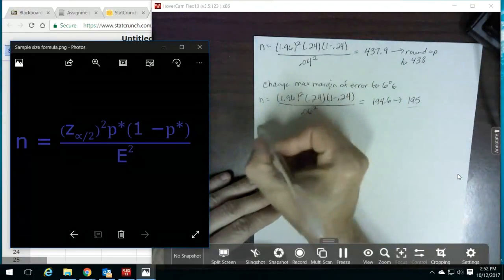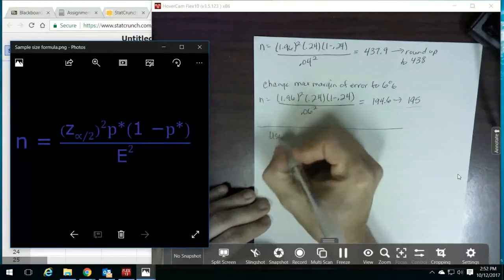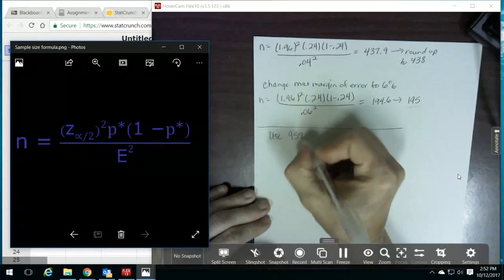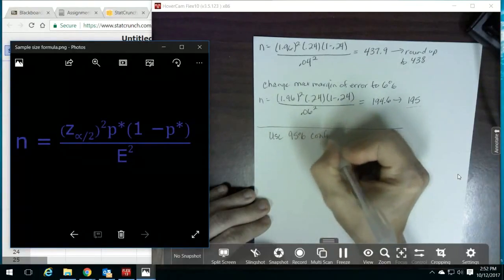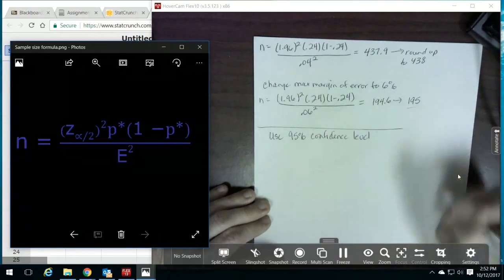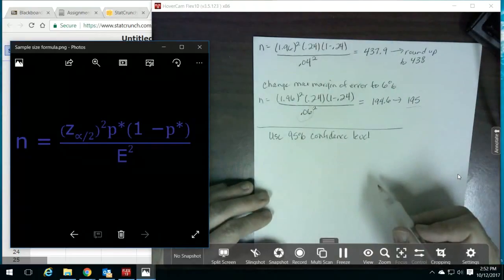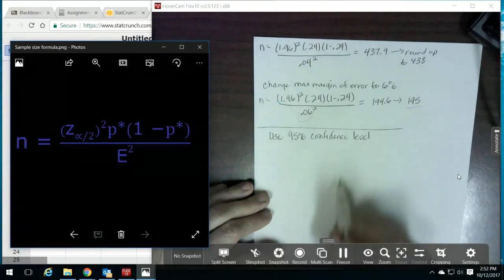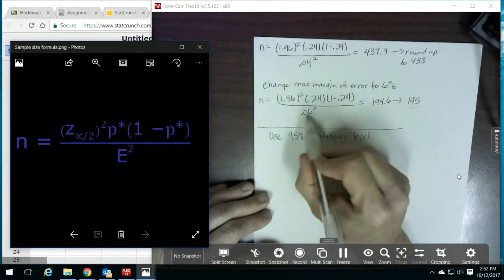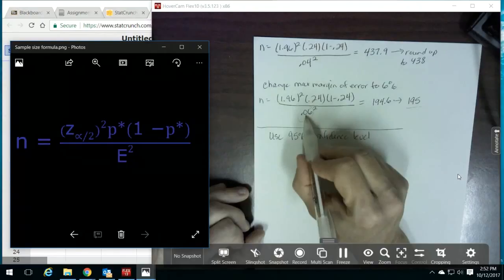So for this example, I'm going to decide based on that I'm going to use a 95% confidence level. And what I chose for my maximum margin of error, I'm not actually going to use that in my calculations for my confidence interval, but I should know when I come out with my confidence intervals, that should be the biggest possible margin of error I would get.